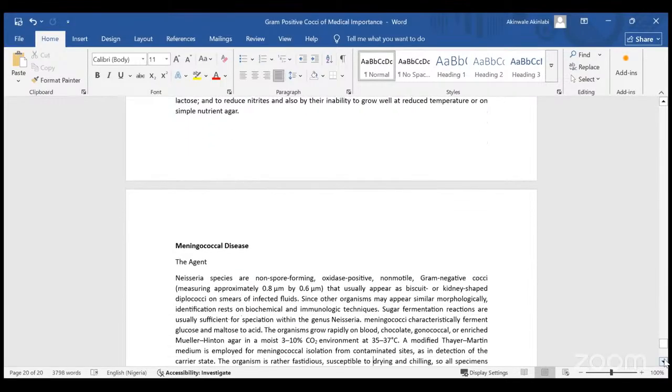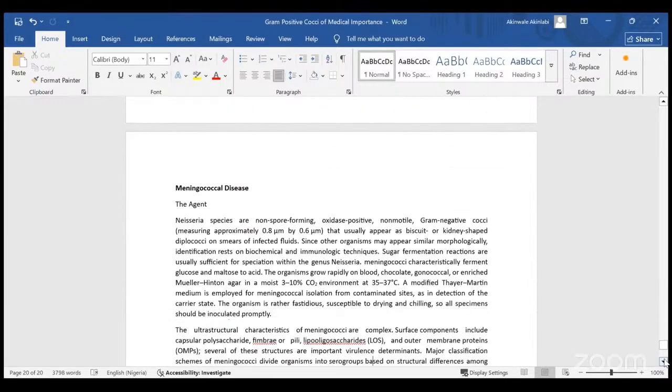Yes, sir. Okay, the meningococcus. This one is caused by Neisseria meningitidis, the meningococcal disease. They are non-sporing, oxidase positive, non-motile, gram-negative cocci, usually kidney shaped diplococci.